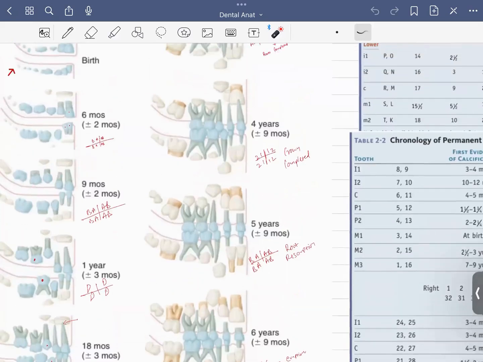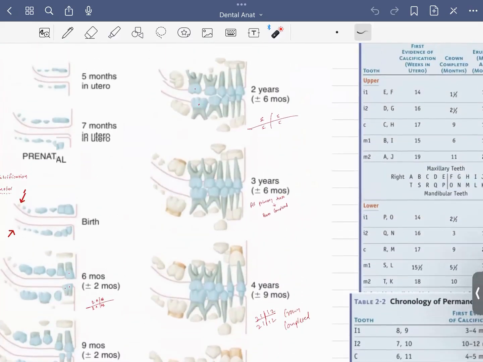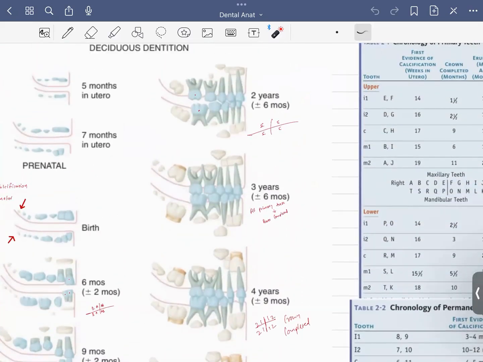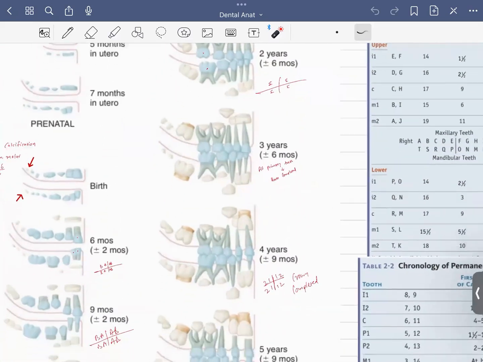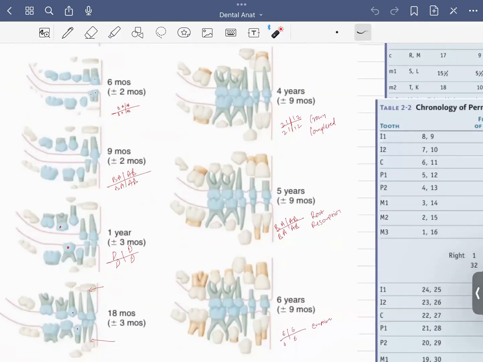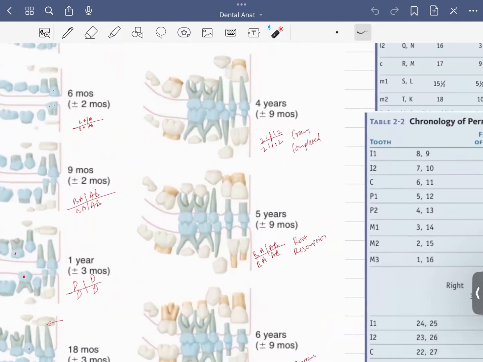Shall we now move forward to the next age group, students? Yes, sir. Okay. Now, again, between 4 years and 5 years, in both of them, you will see crown completed for the central incisors.